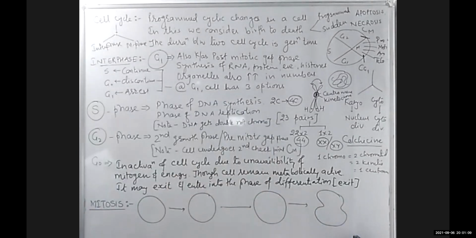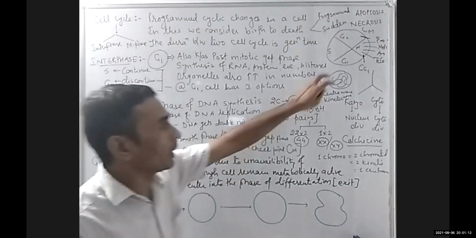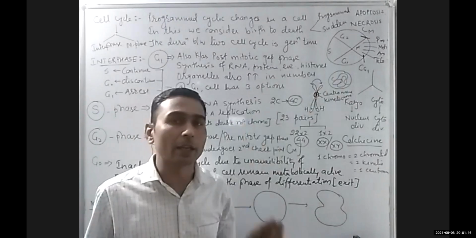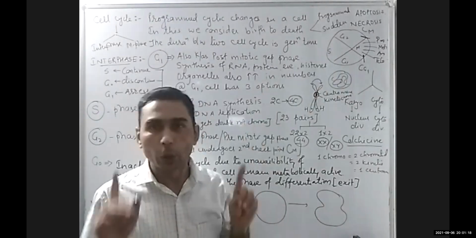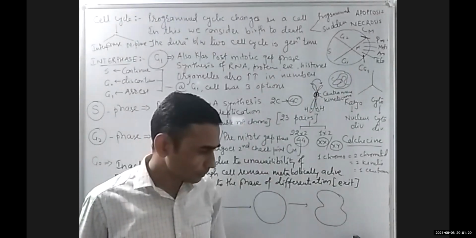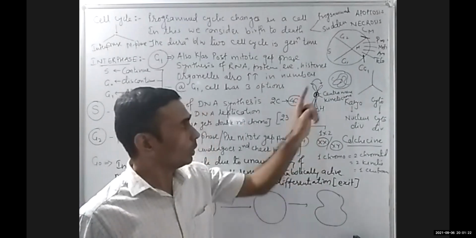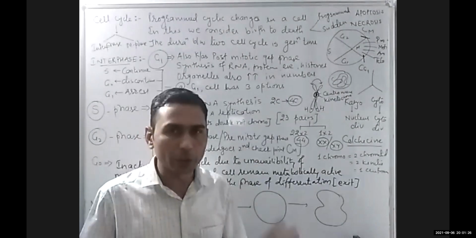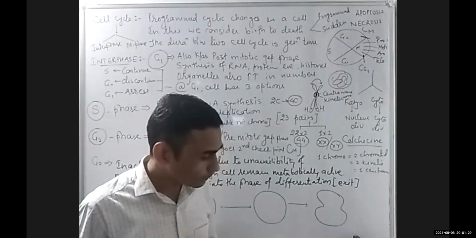See what I'm telling you. Since a cell has already passed the S phase, we expect the DNA content is already doubled. Do you agree with this? Yes, sir. So what we expect is that the chromatin material becomes thick. Do you agree with this? Yes, sir.